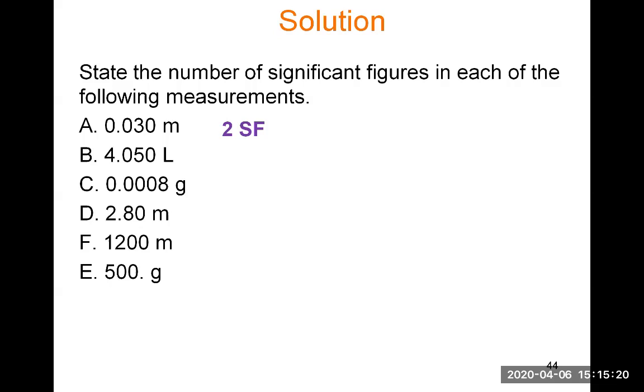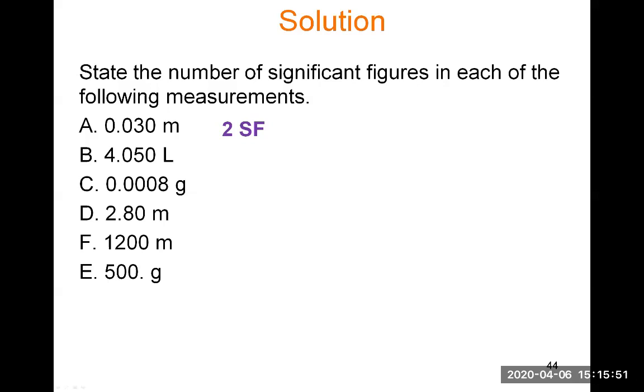4.050 liters. So start from the left. The 4 is a non-zero digit, so it counts. Then you see a 0 and then a 5. All of these count. And then another 0. Because you saw a non-zero digit before the dot, everything will count after that, because you see the dot, and it's a non-zero digit to the left of the dot.